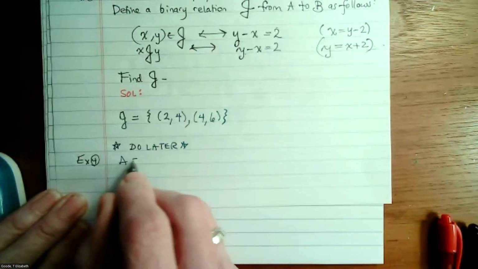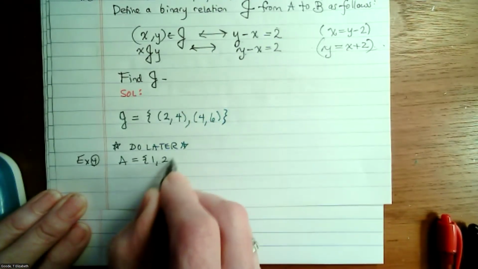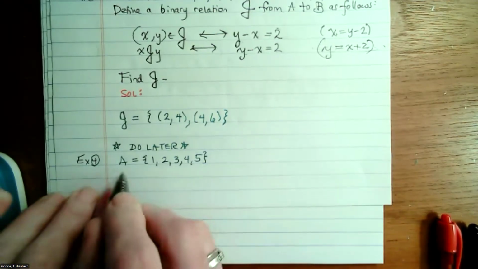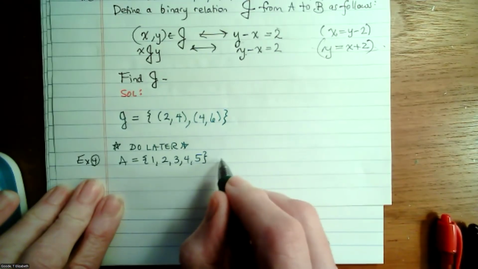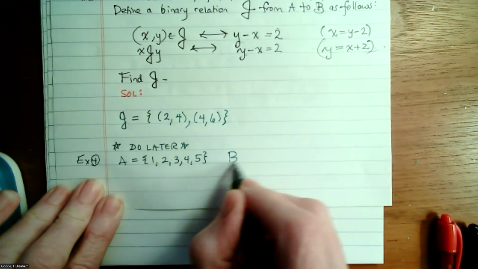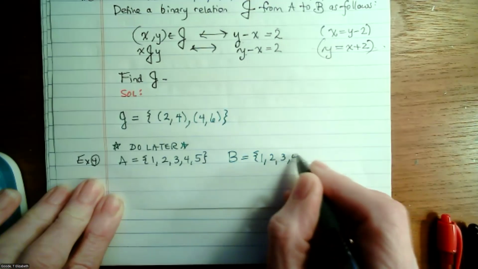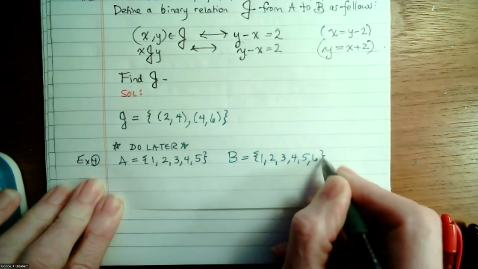We can let A be the set containing 1, 2, 3, 4, 5, and I'll give you another: B can be 1, 2, 3, 4, 5, 6.